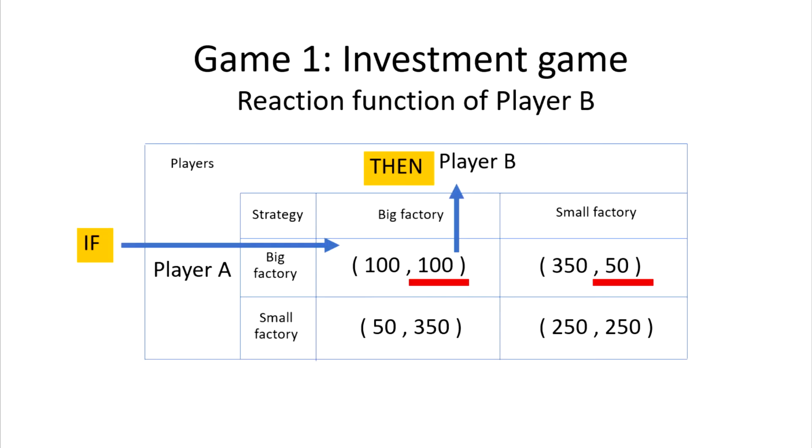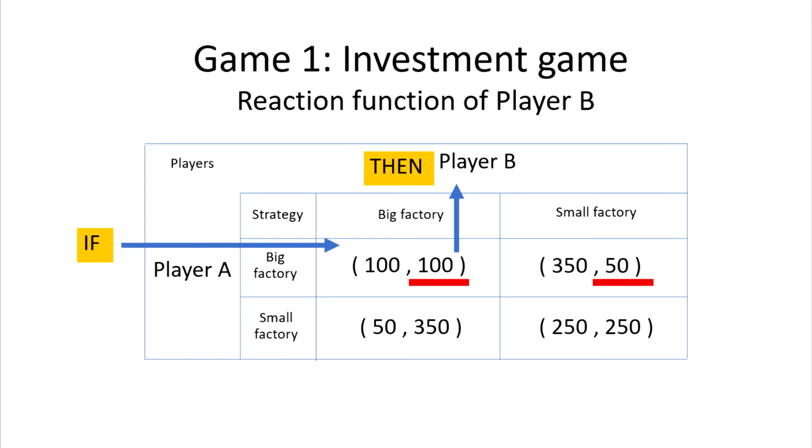Now we turn to the payoff matrix again. So we find the reaction functions of player B. We begin with: if player A does something, then player B reacts by doing something. Here, if player A builds a big factory, then player B will compare between 150 and 100.